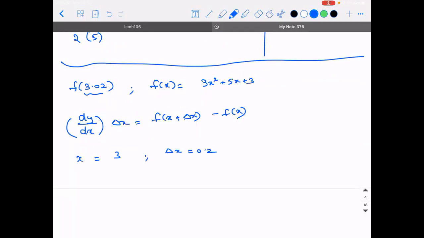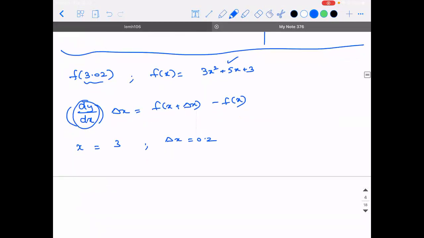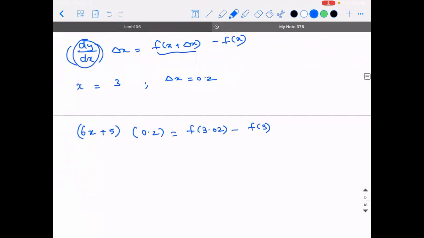Guys, did you understand what I did? Yes, sir. So what is dy by dx? That is the derivative of this. 6x plus 5 into delta x, 0.02, is equal to, what is f of x plus delta x? That is f of 3.02 minus f of x, that is f of 3. F of 3 is easy for you to find out. Similarly, in the place of x, substitute 3 here.